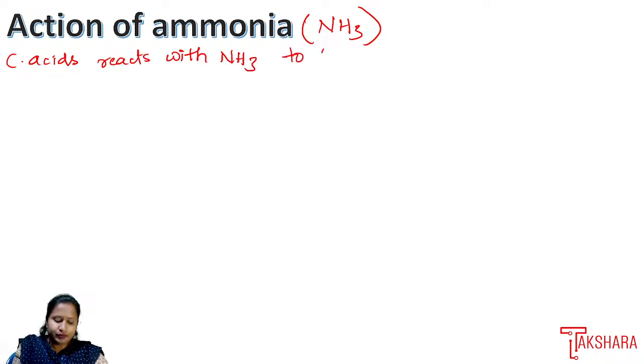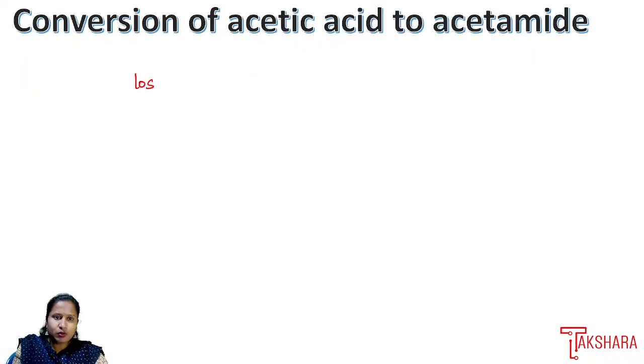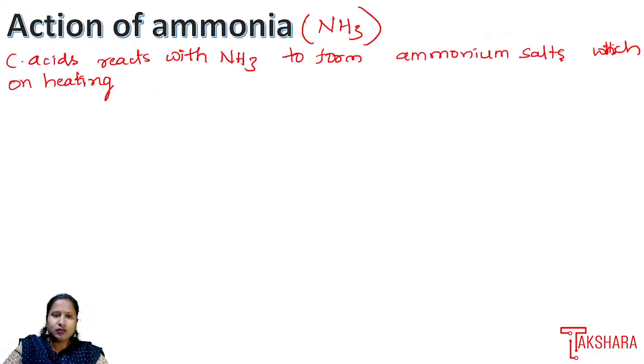to form ammonium salts. So namge first ಏನು ಸಿಗುತ್ತೆ products, ammonium salts are going to form, which on heating lose water molecule to form corresponding amide.